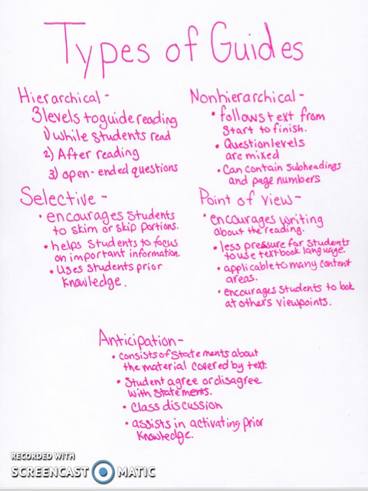A selective guide encourages students to skim or skip portions. That way they're not reading and then they're like, oh, this is boring, so I'm going to wander off over here and think about this. They can skip certain portions.